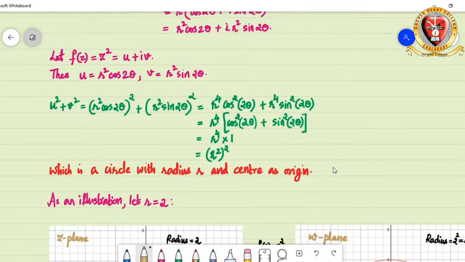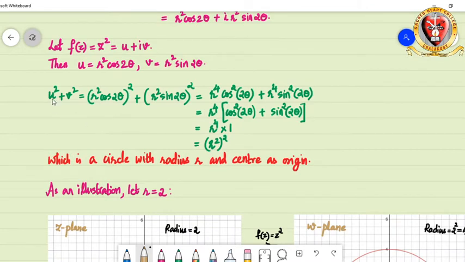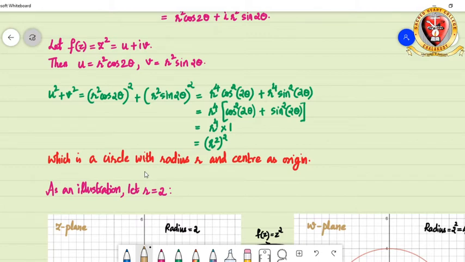So this equation, u square plus v square is equal to r square the whole square, is the equation of a circle in the w plane with center at the origin and radius r square. So hope you understood what we started with and what we ended up with.